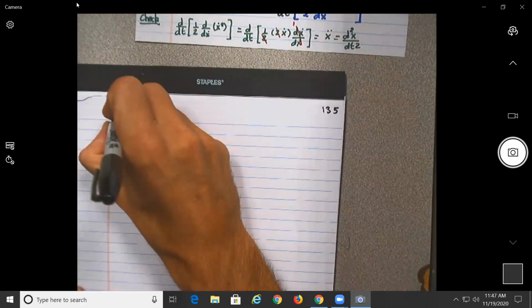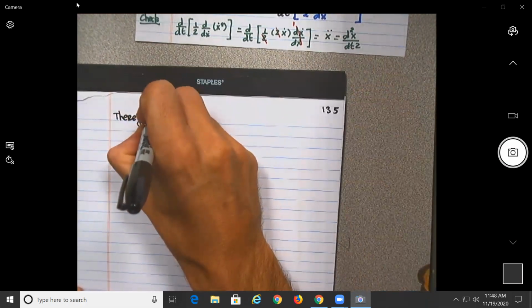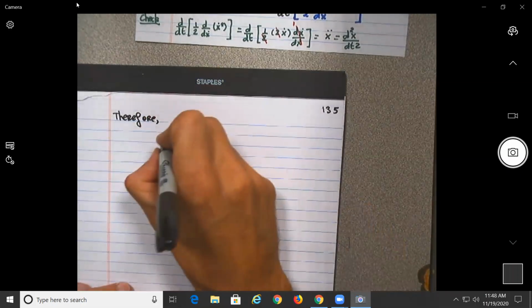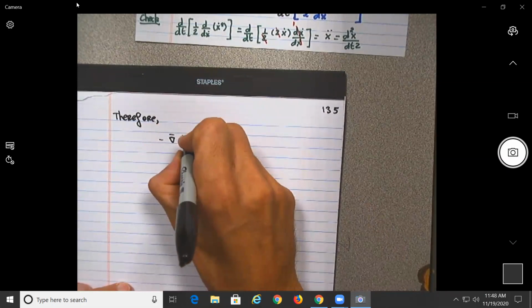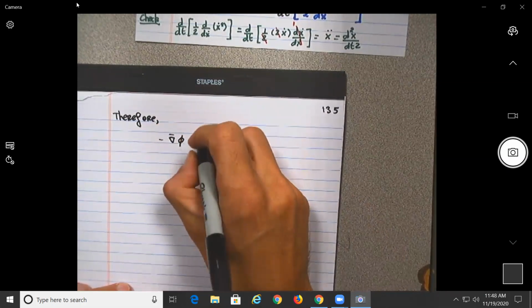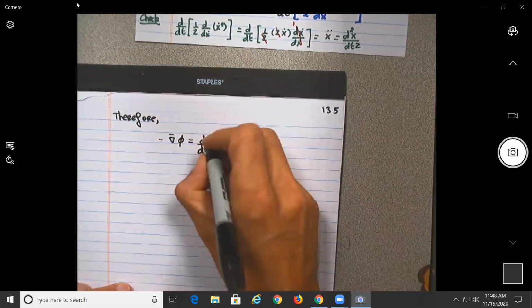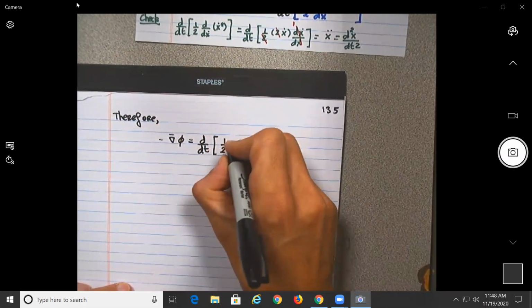So let's see here, therefore, we have what? Minus... let me just write this, would be equal, I write the last page, would be equal to d/dt of 1/2 m.